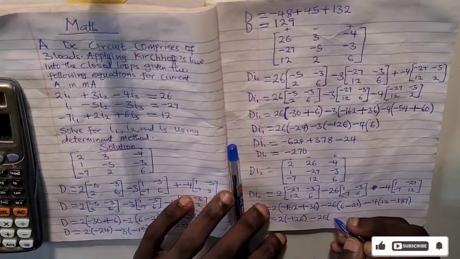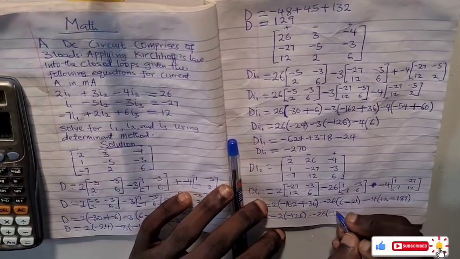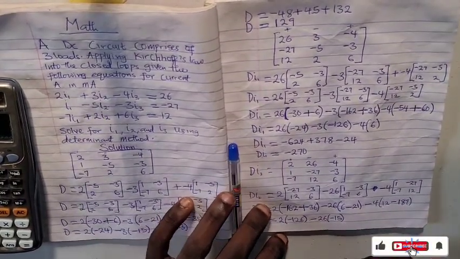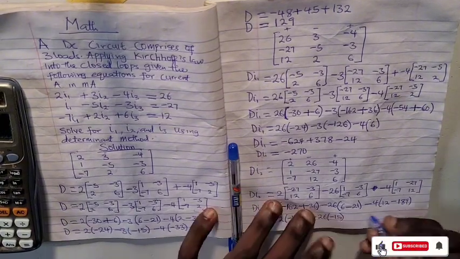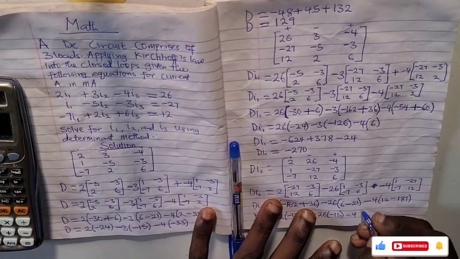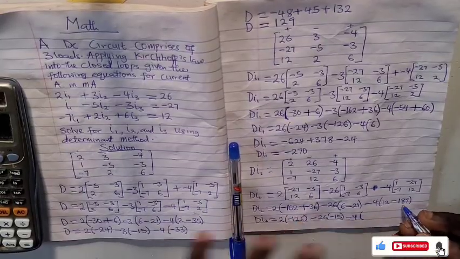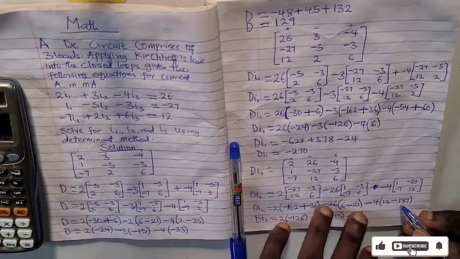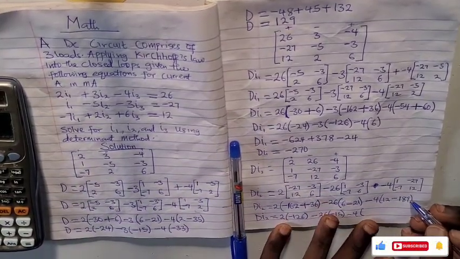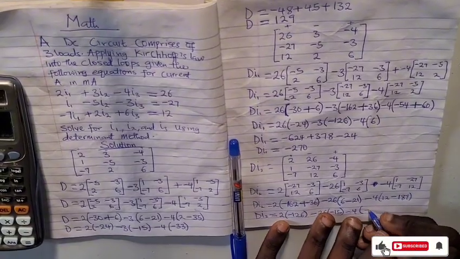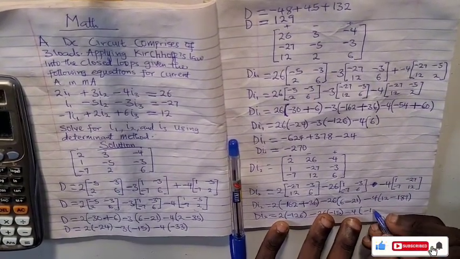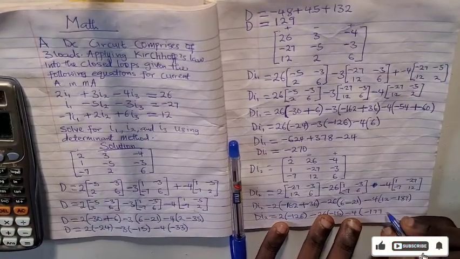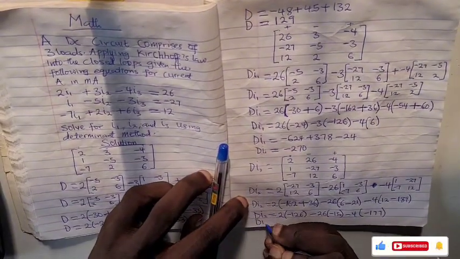Of course, you know that will give us minus 15. Okay. So we have minus 4 into bracket. 12 minus 189. That will be minus 177.